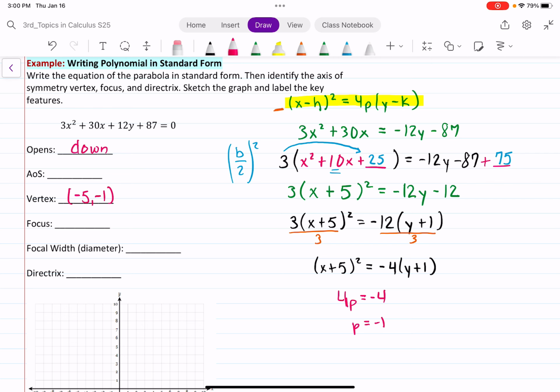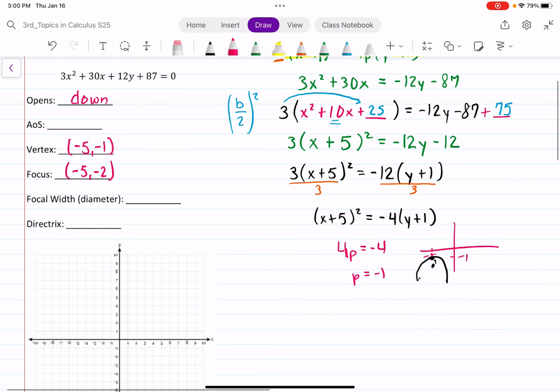Well, in this case, if we did a little sketch, negative 5, negative 1, that's where our vertex is. And because we said it opens down, that means your focus is below the vertex. So therefore, it's 1 unit below it. So instead of being at negative 5, negative 1, where the vertex is, that would be negative 5, negative 2, right?